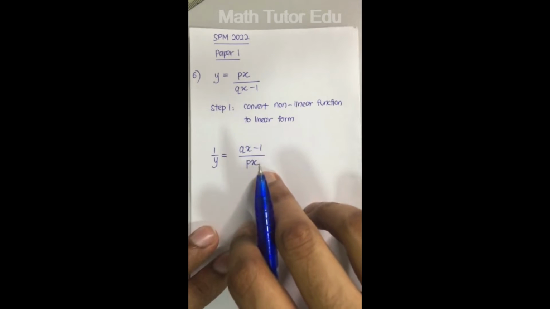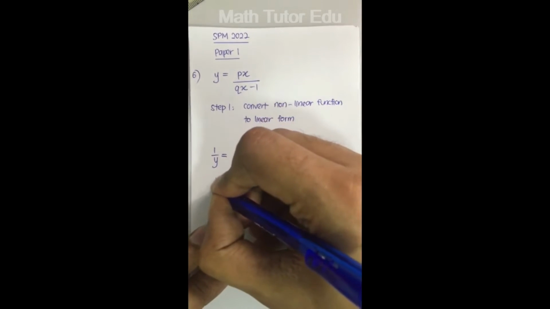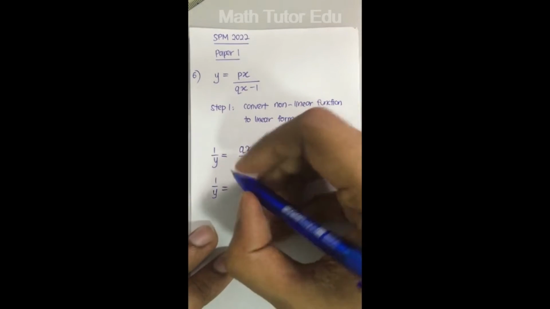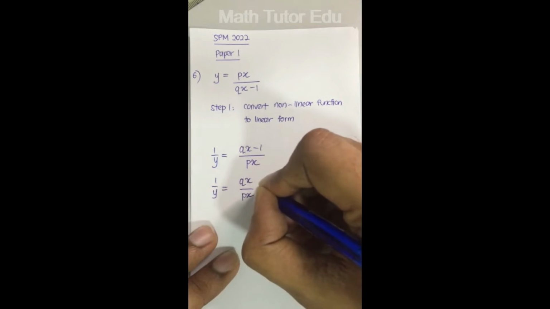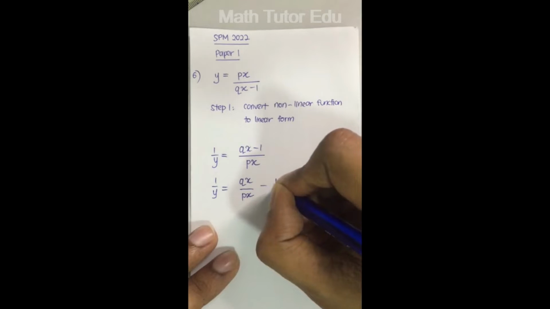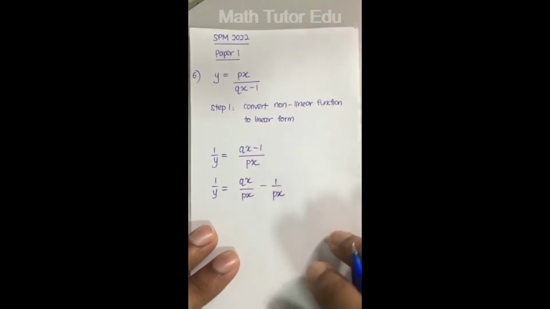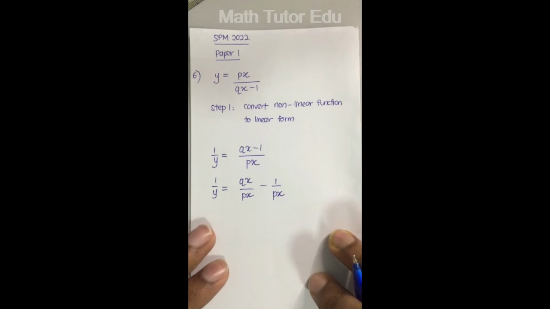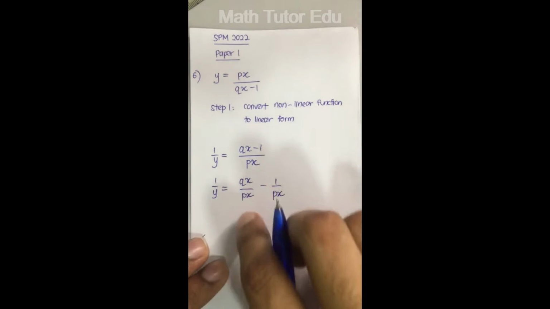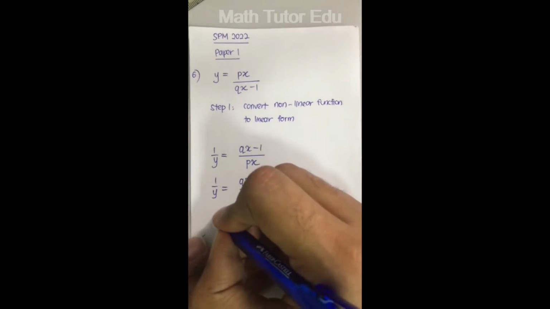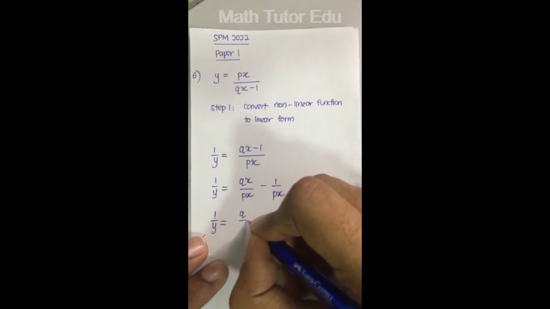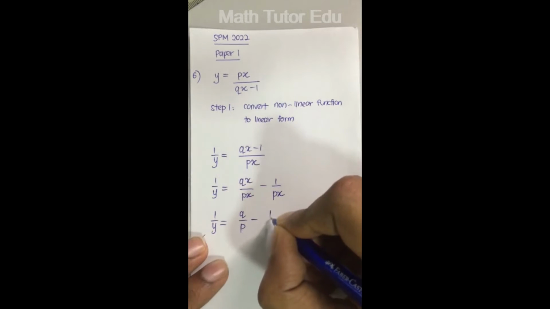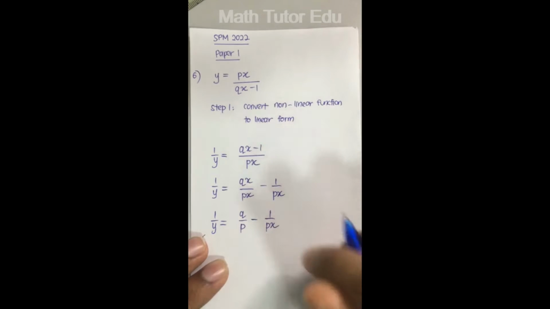Let us simplify this equation. 1 over y equals qx over px minus 1 over px. Continue to simplify: 1 over y equals q over p minus 1 over px.